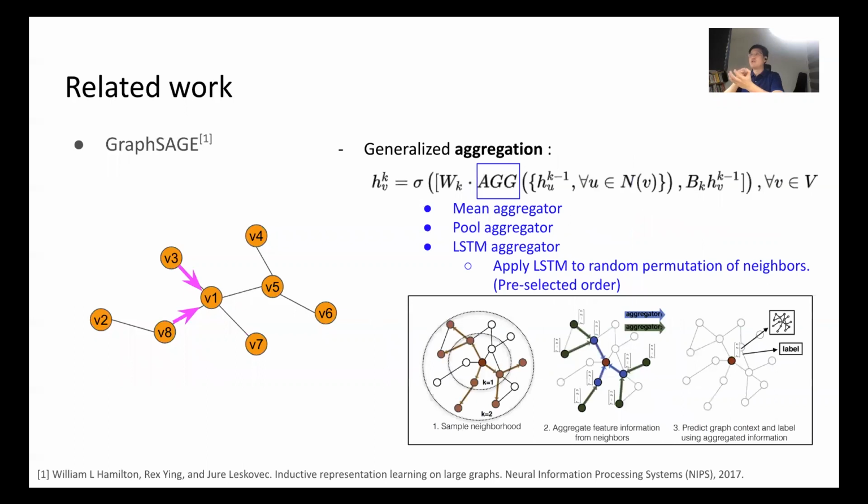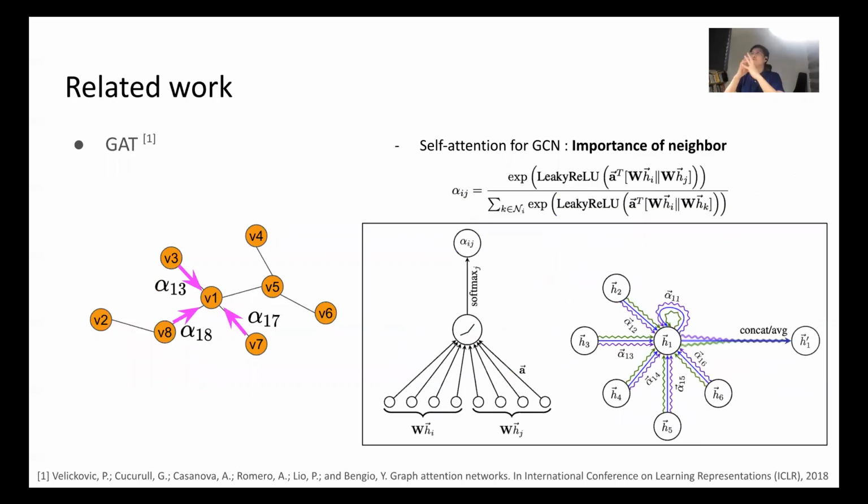GraphSAGE used the generalized aggregation, as you can see, and the LSTM aggregator operates on a random permutation of node neighbors. Graph attention network uses self-attention for GCNs. Attention coefficients indicate the importance of neighbor node features.